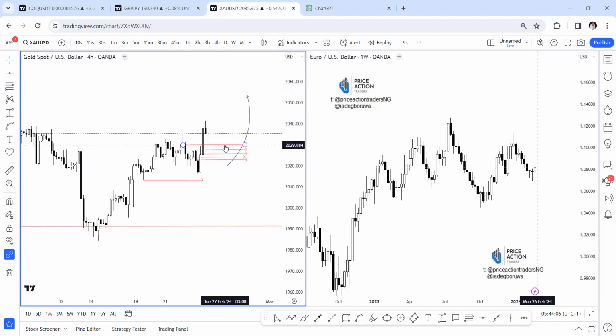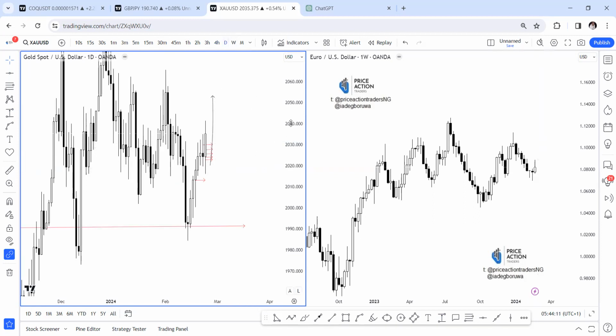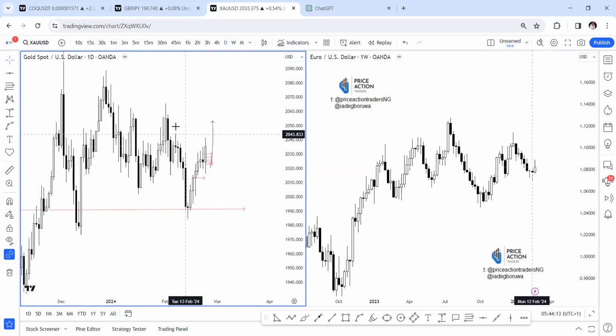Then if we go to daily on gold, you will likely find that there is a fresh level here. There is a fresh level here. There's a fresh level here on daily.